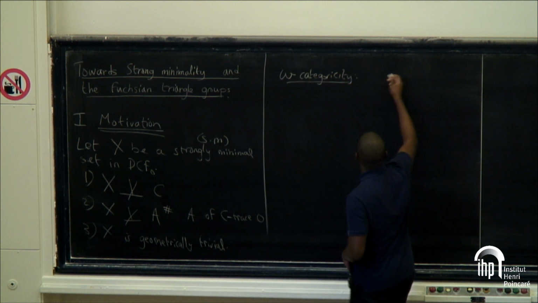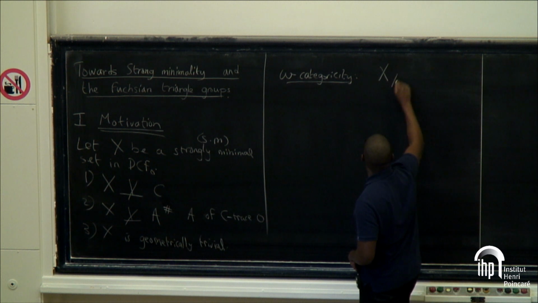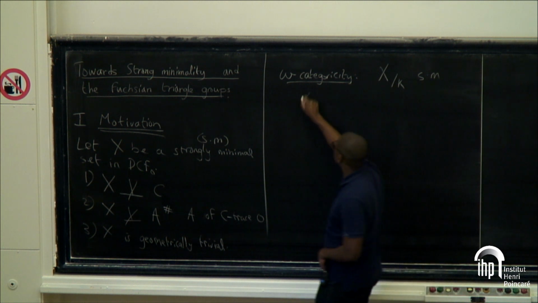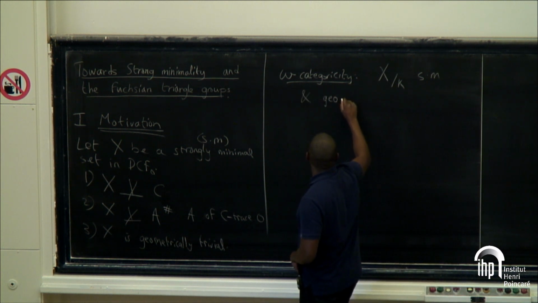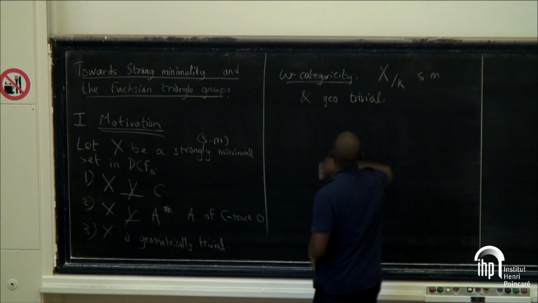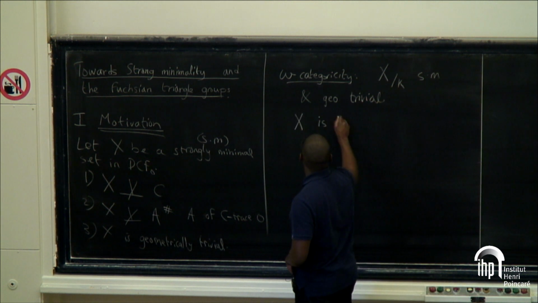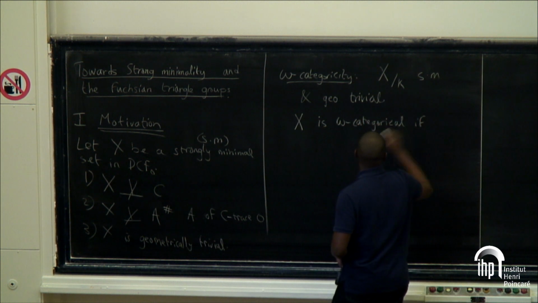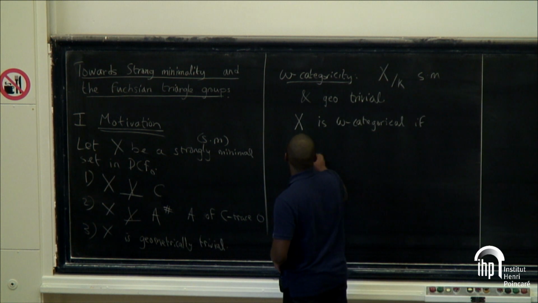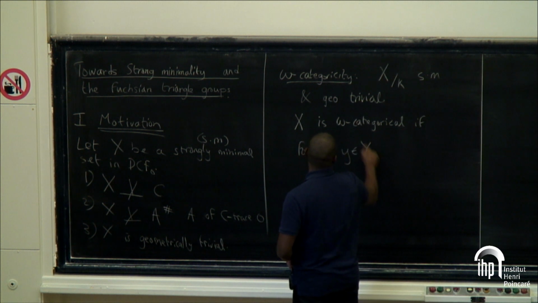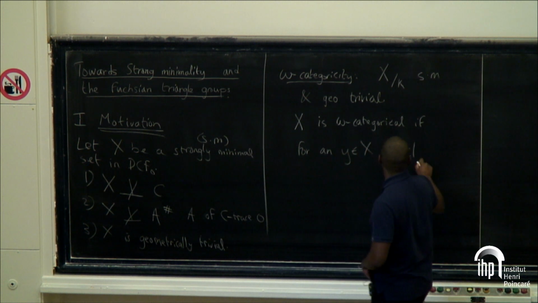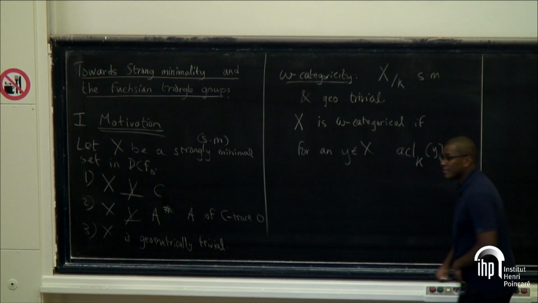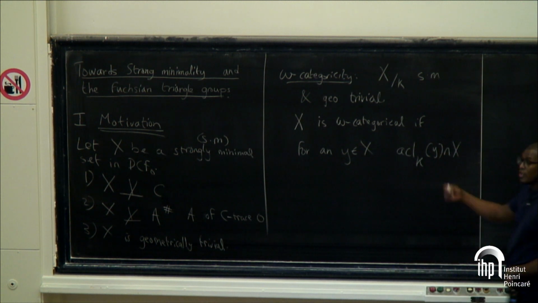So let's say that X is definable over K, strongly minimal, and geometrically trivial. Then X is omega-categorical if for any y, if you look at the algebraic closure of an element, and you look at those elements of X that are algebraic over it, you get that it's finite.